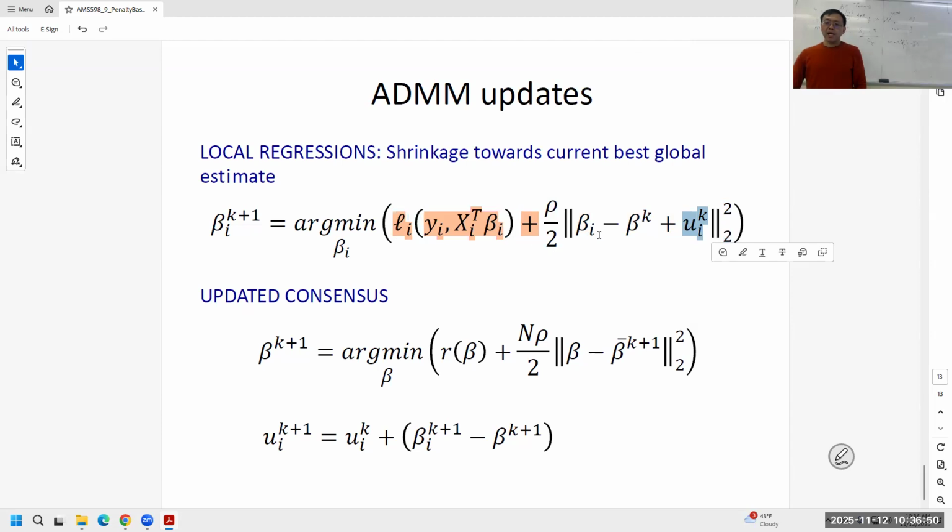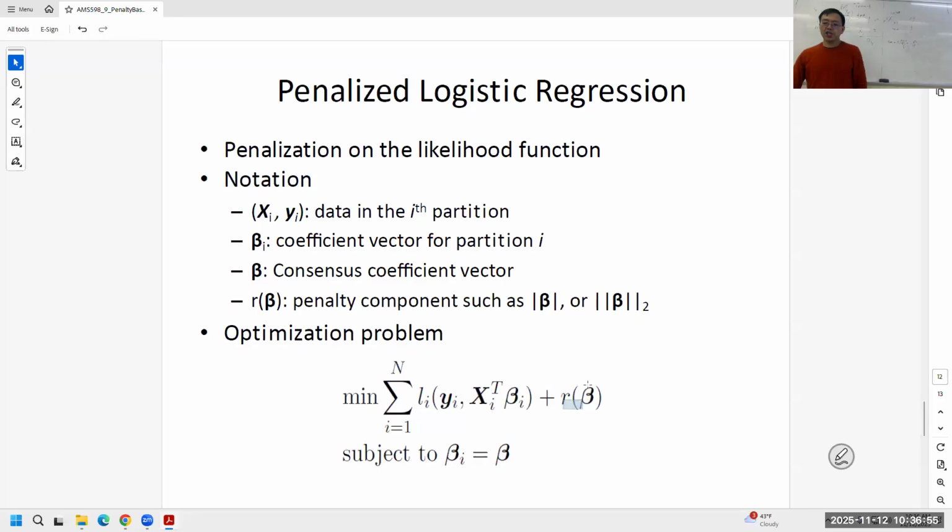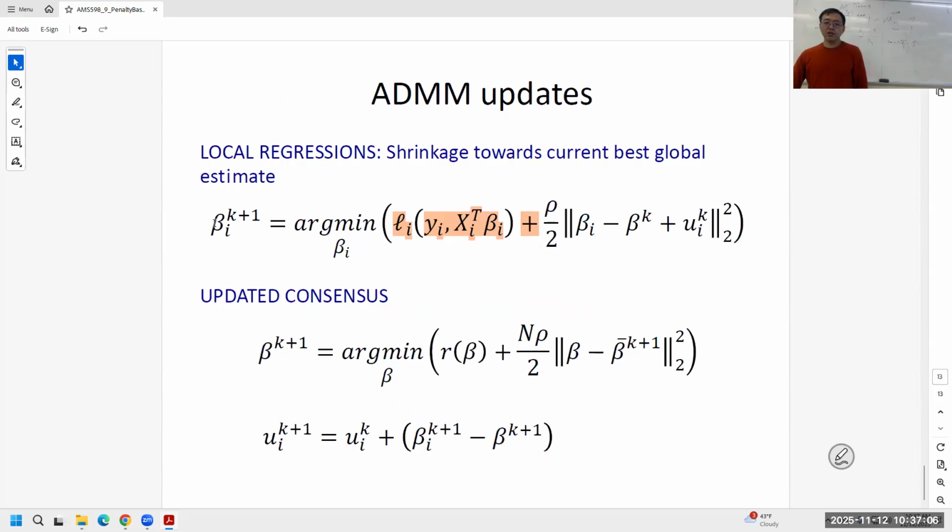You don't have R beta in here, because locally R beta does not contribute to the local estimation; local beta i has nothing to do with it. So the local estimation is exactly the same as logistic regression. You just have your u i, which is your Lagrange multiplier, and your beta, which is the consensus. Once you update it, the local step is the same.